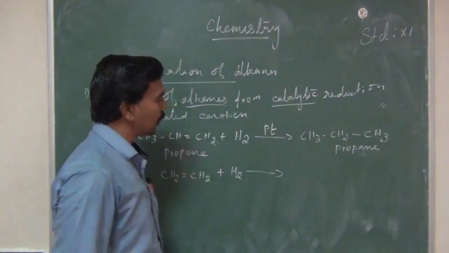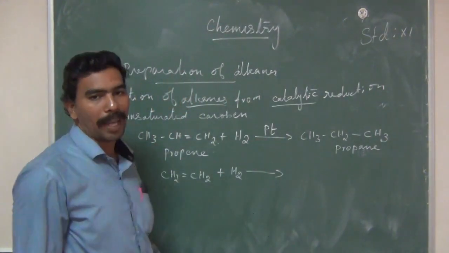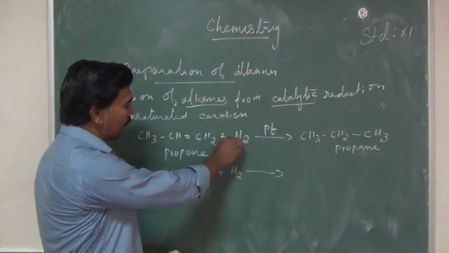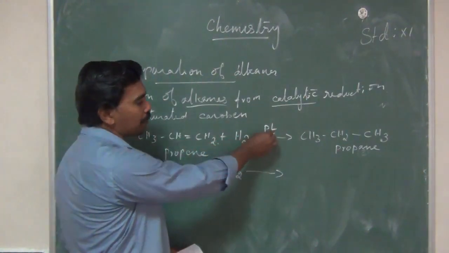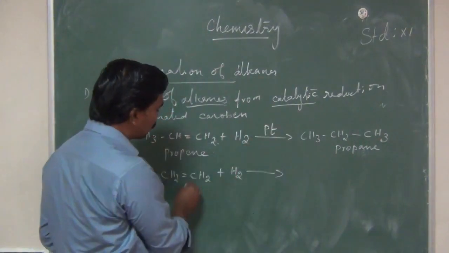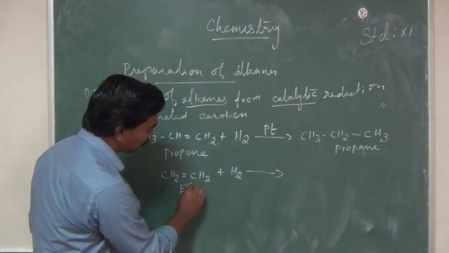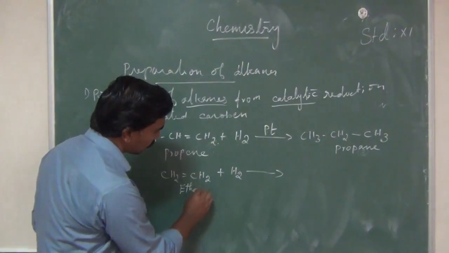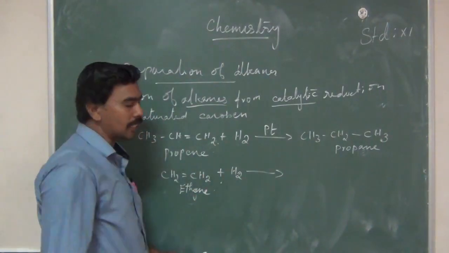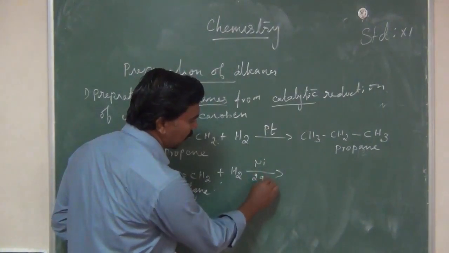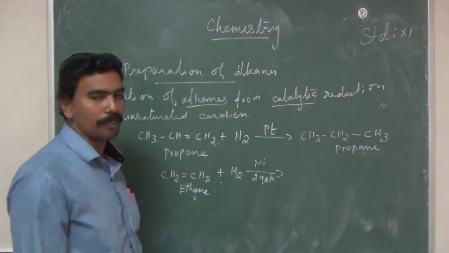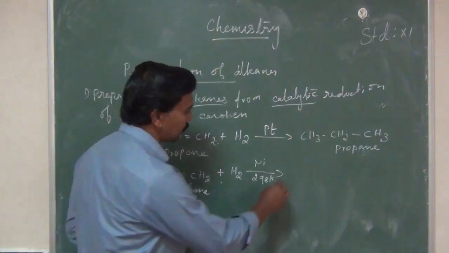In the first case the catalyst used is platinum, and the hydrogen gas and alkene gas mixture is passed over the platinum catalyst. Here ethene and hydrogen gas, in the presence of nickel, are heated at 298 Kelvin to produce ethane.